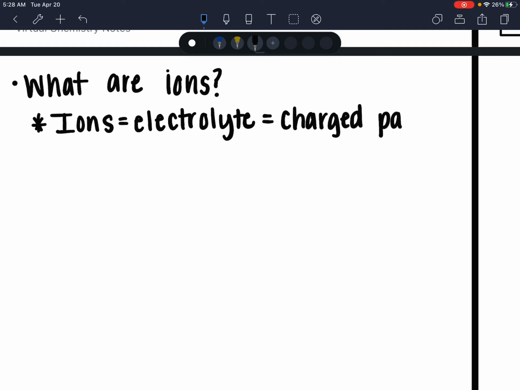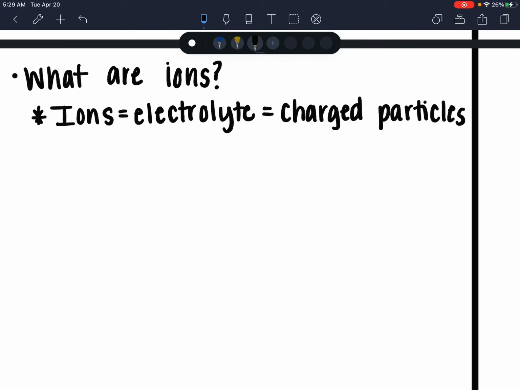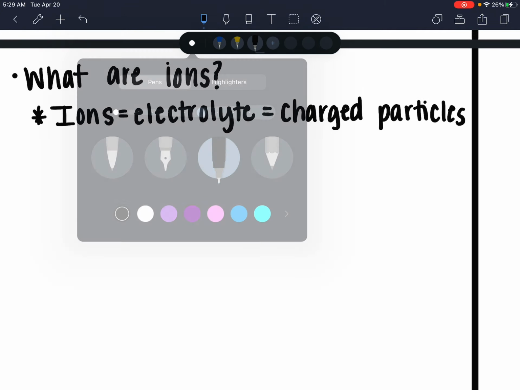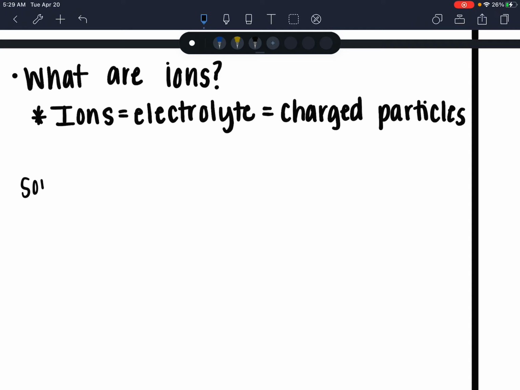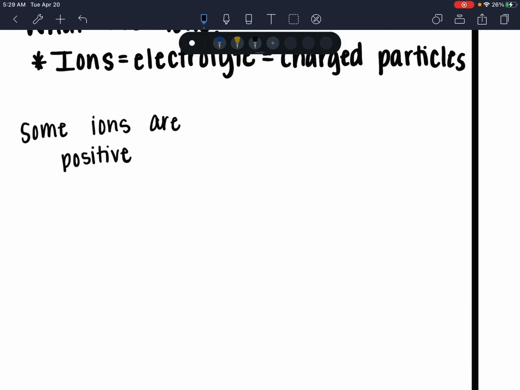And we've seen a lot of evidence of charges, the movement of charges, and how charges can be positive or negative, which goes to say that some ions are positive because overall they have more positives within them than negatives.